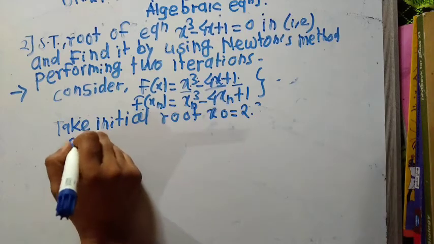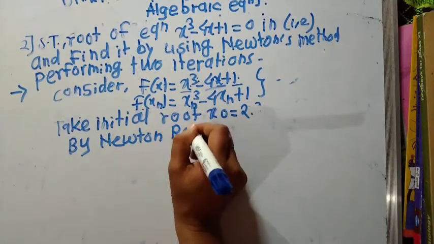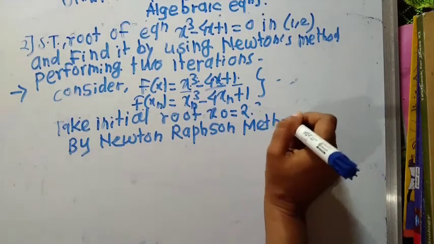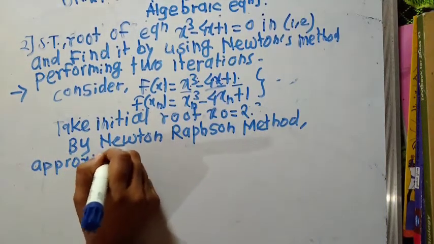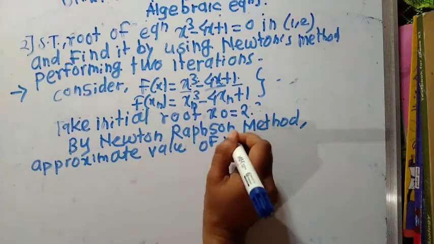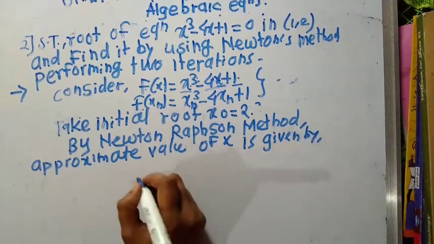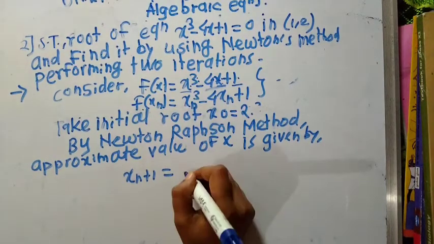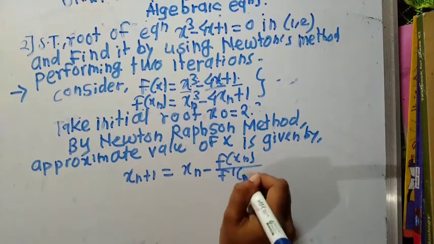Then by Newton-Raphson method, the approximate value of x is given by xn plus 1 is equal to xn minus f of xn divided by f dash of xn.